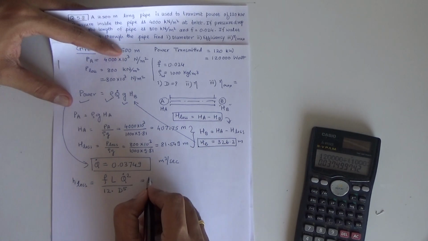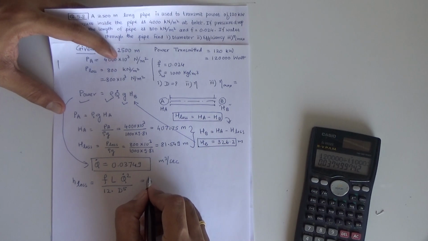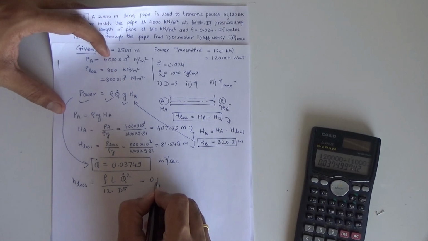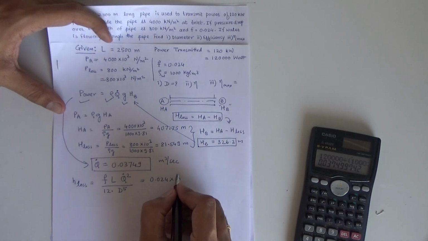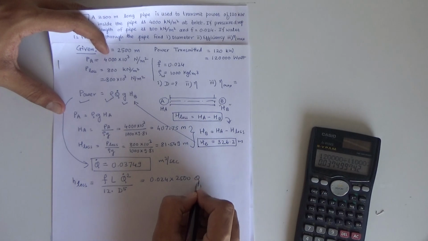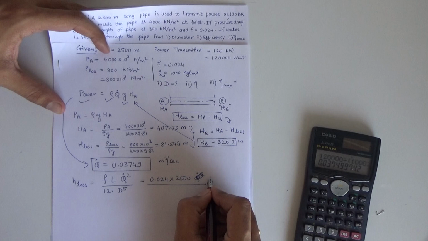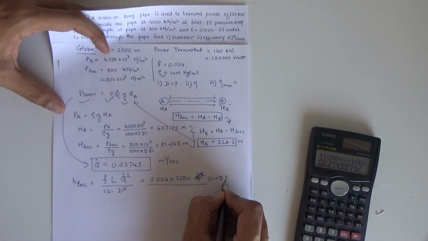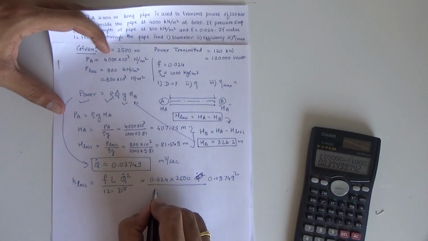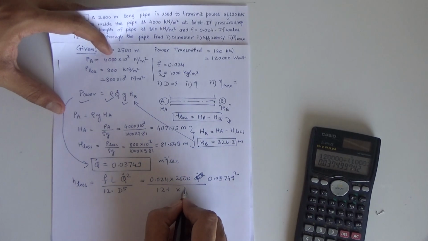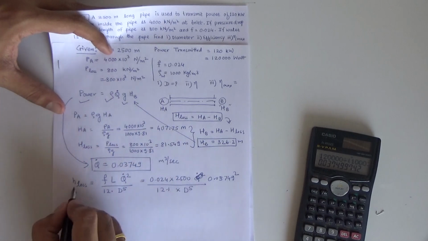F is given as 0.024, length is given as 2500, discharge we have calculated, so 0.03749 squared divided by 12.1 into d raised to 5. The diameter is to be obtained.